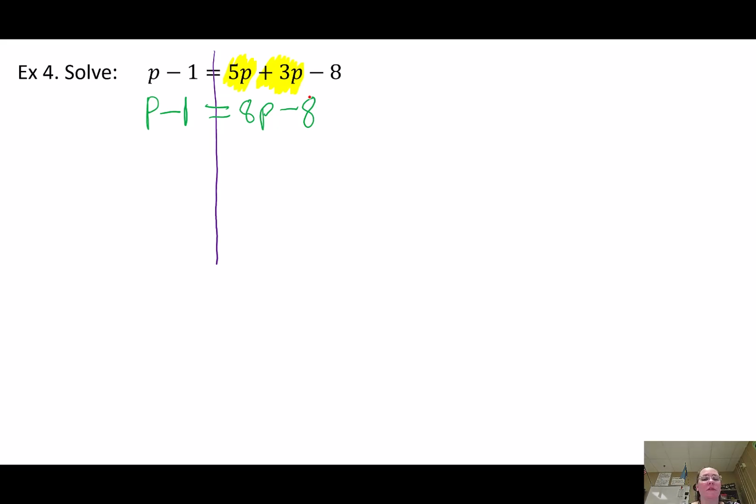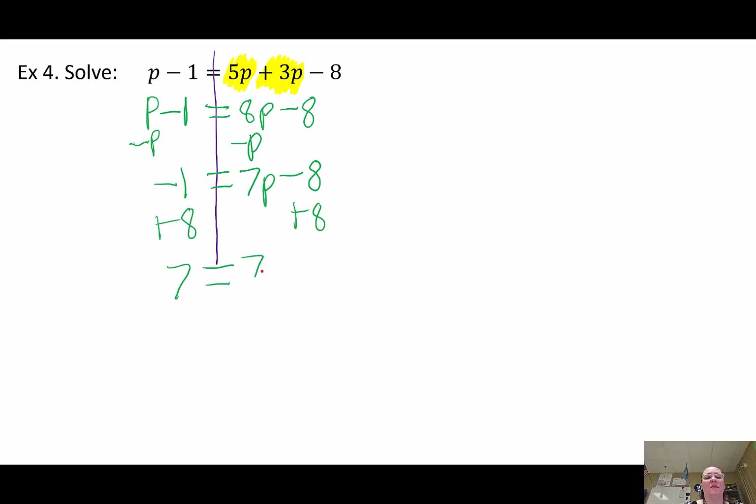So from here, getting my variable on the same side, I'm going to minus p on both sides. So that leaves me the negative 1 here equal to, well, 8p minus 1p is 7p minus 8. Then I'm going to add 8 to both sides. And I get 7 is equal to 7p. Dividing both sides by 7, I get 1 is equal to p, or I could say p is equal to 1.